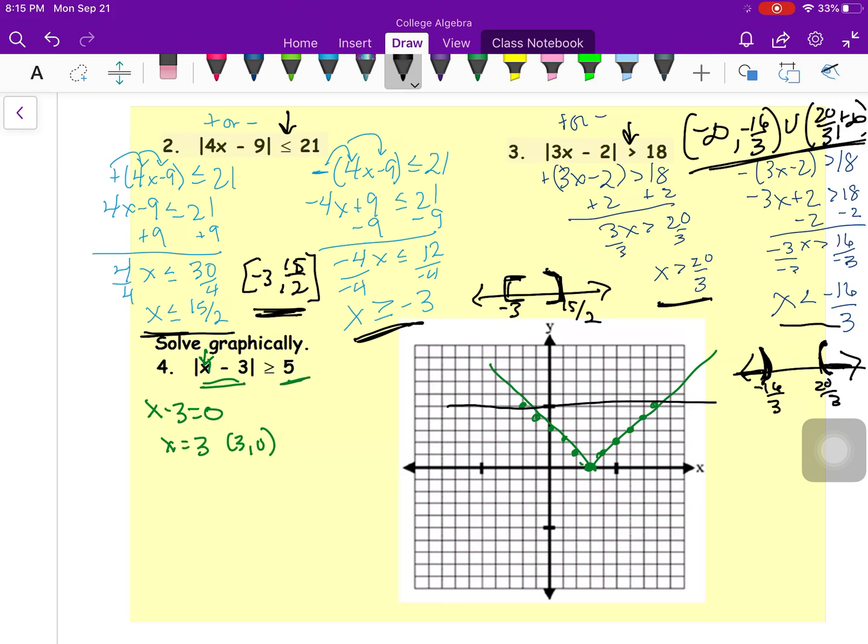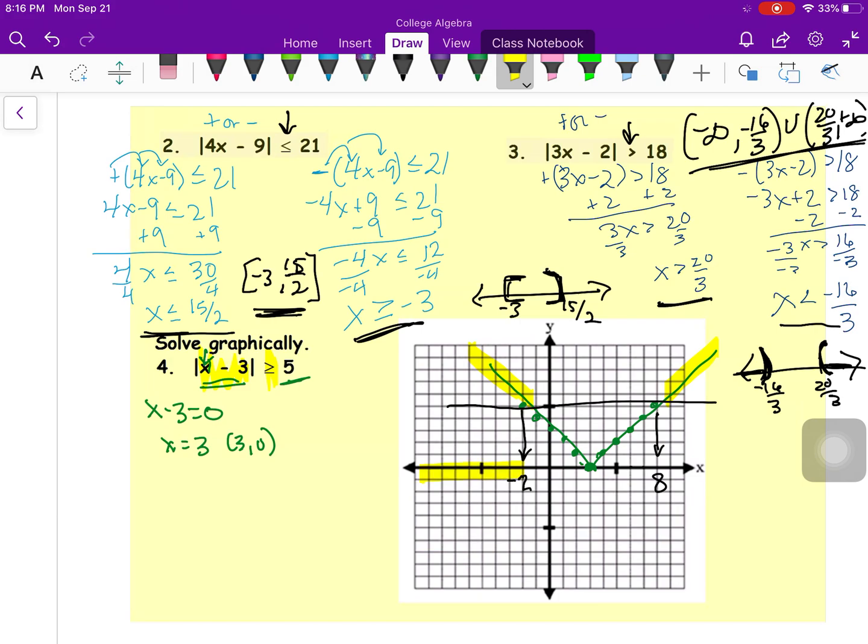So here's my 5. So if I take this down to the x-axis, I see 5, 6, 7, 8, and I see -2. And it says, where does the graph go greater than 5? So this is greater and this is greater.